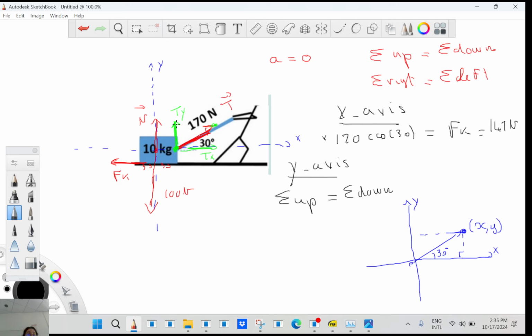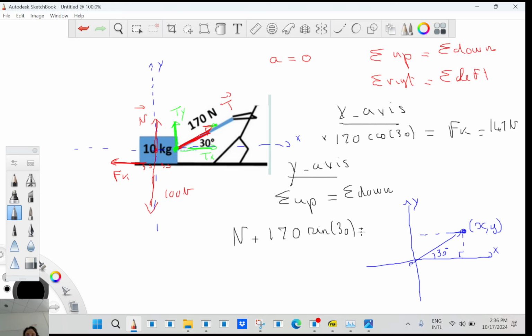The secret, the recipe, is to make a picture, a diagram, and on your diagram, you want to have all the components. And then it's easy to see what is pointing up and what is pointing down. So up, you have the normal force plus the y component. That's why I was so annoying with the vector and the component.